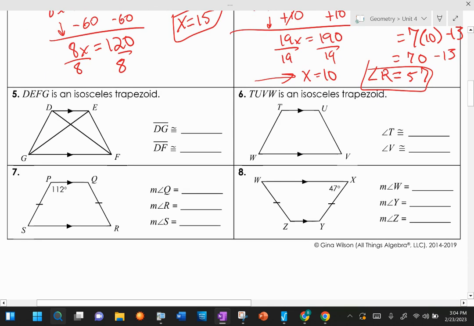Okay, DEFG is an isosceles trapezoid. Go ahead, Bram. Okay, so right here, we're just finishing this proof. This is a logic and reasoning statement.